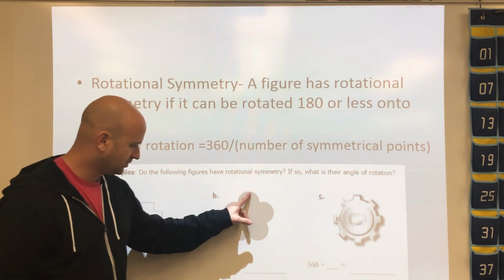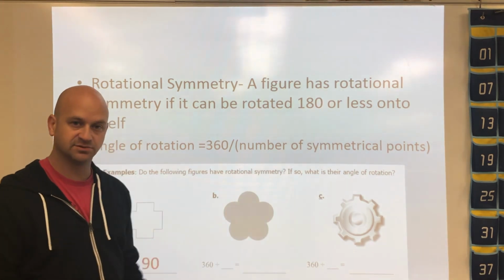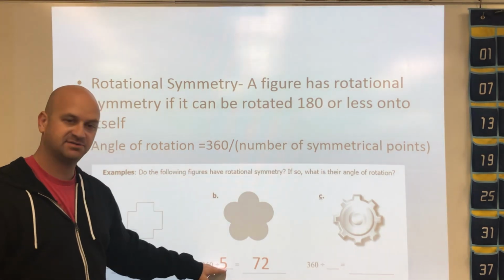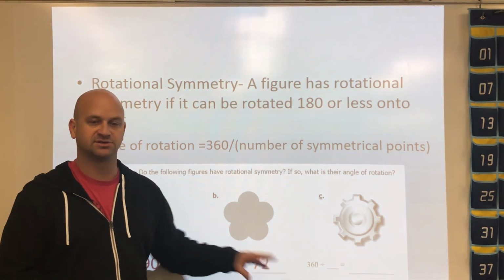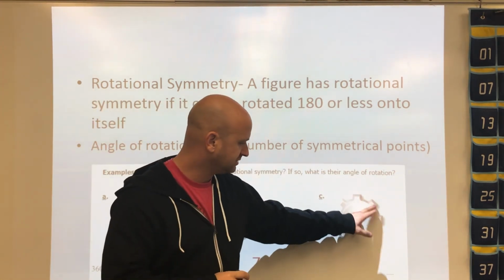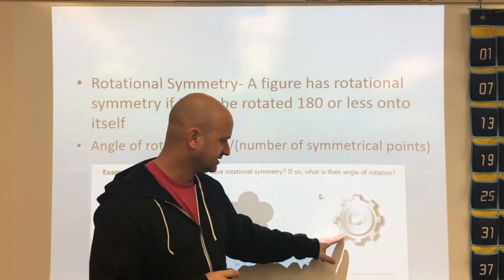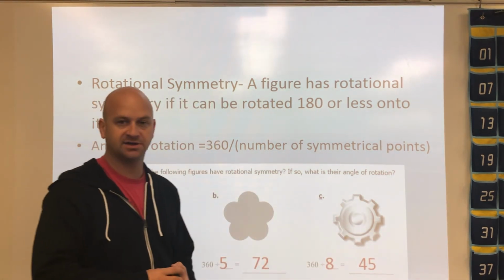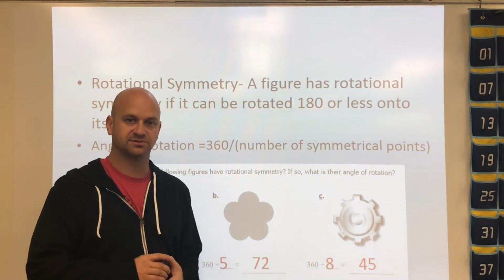In this case, we have 1, 2, 3, 4, 5 locations it can rotate to, so 360 divided by 5 is a 72-degree angle of rotation. In this problem, we have 1, 2, 3, 4, 5, 6, 7, 8, so it's 360 divided by 8, which is a 45-degree angle of rotation.